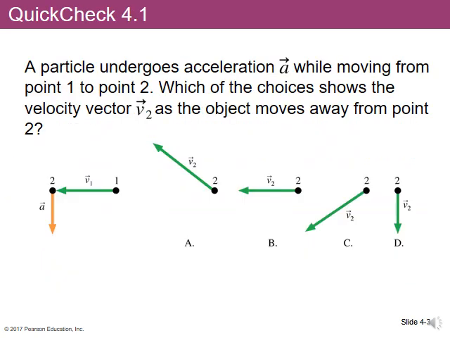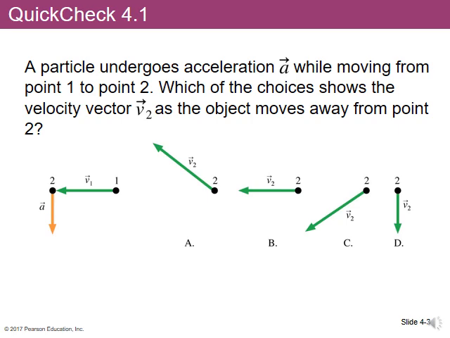So let's look at a quick review. If we had a velocity, as shown in this picture, v1, and you had an acceleration pointing downward, what would be the velocity immediately after this? Remember that the velocity after this is equal to the initial velocity plus the acceleration times time.